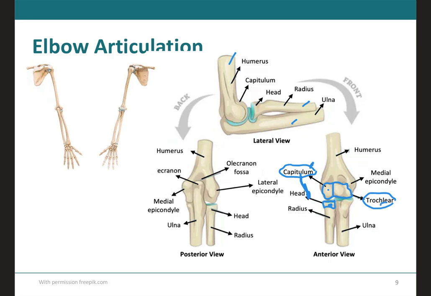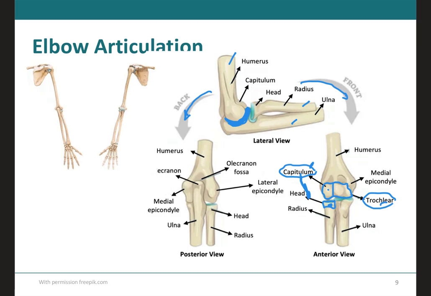And the trochlea is going to articulate with the trochlear notch of the ulna. And it's going to form like a hinge. That's why you're able to move your elbow back and forth because of this hinge joint here from the trochlear notch with the trochlea. Trochlear notch of the ulna with the trochlea of the humerus.